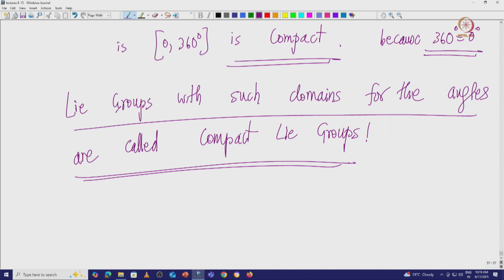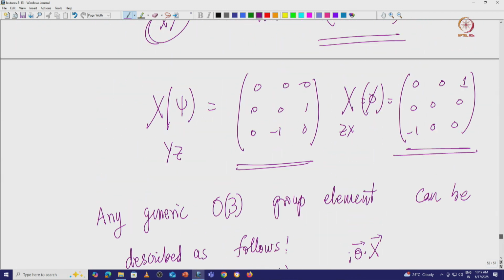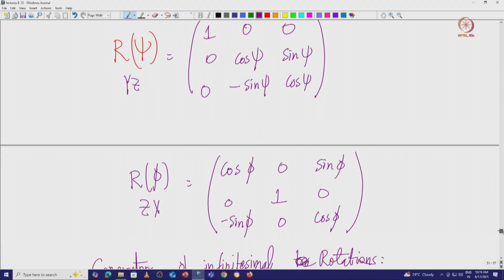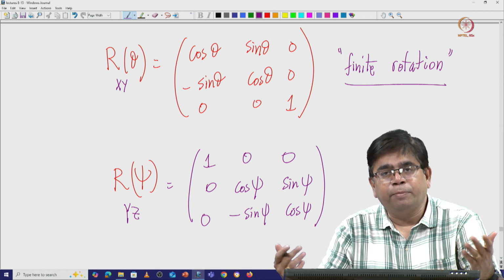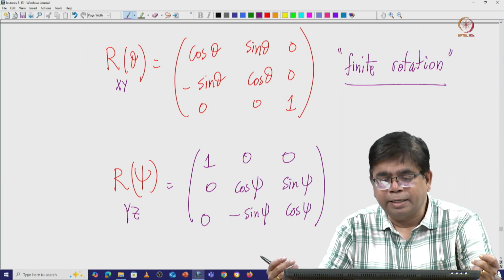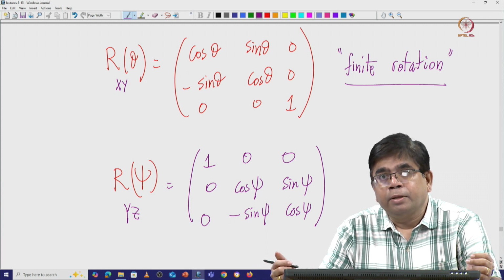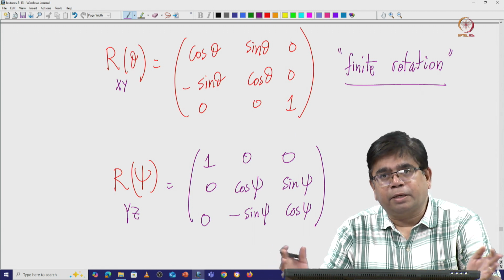Now, are there any cases which are physically interesting or not? Yes, meaning you can imagine that instead of rotations, which will always lead to something compact, essentially cos theta and sin theta, suppose I replace cos theta and sin theta with hyperbolic functions, for example cosh xi and sinh xi, so the domain of this angle is minus infinity to plus infinity.